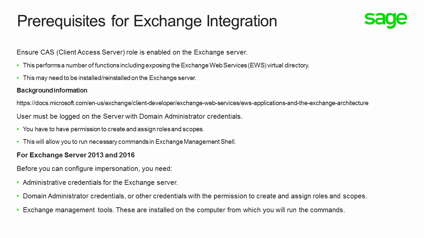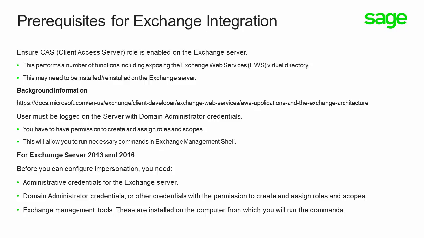Now, the user that's going to make any of the changes has to be an Exchange user, and a Windows user logged onto the server with domain administrator credentials, and you have to have permission to create and assign roles and scopes inside Exchange. That means if you're going to run commands inside the Exchange management shell, you're going to need rights on the Exchange server.